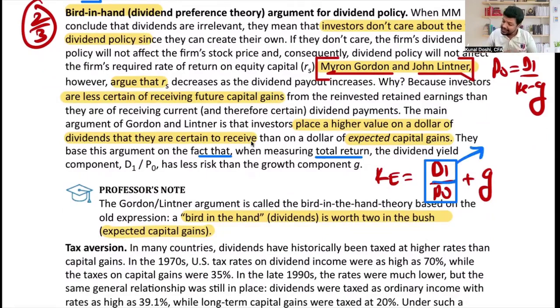So they are saying this is less uncertain compared to growth, which is based on so many criteria. Growth is very uncertain, and less uncertainty means less risky. So they are saying investors perceive dividend as less risky than future capital gains. Understood, everyone? That's why a bird in hand is better than two in the bush. Therefore, dividend received today is valued more than the capital gain that is expected in the future.